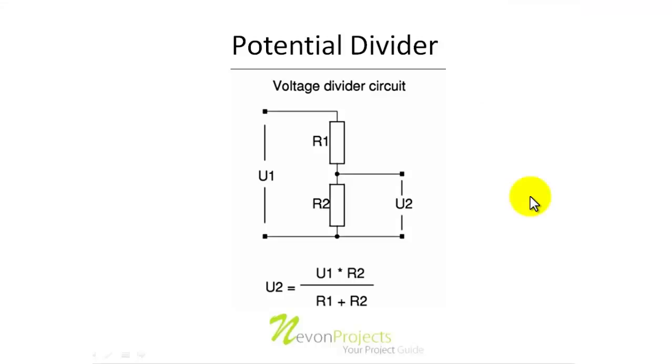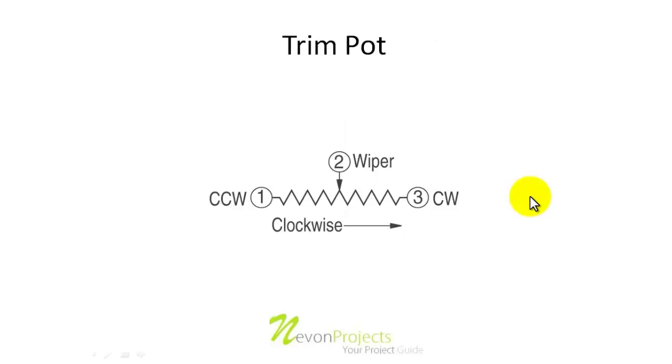So just now what we saw was the simulation of the potential divider circuit. Now let us move on to the next section, that is the trim pot. Now trim pots are actually based on our potential divider.